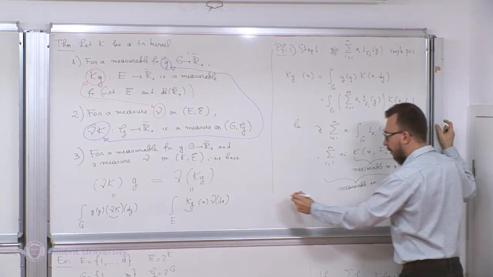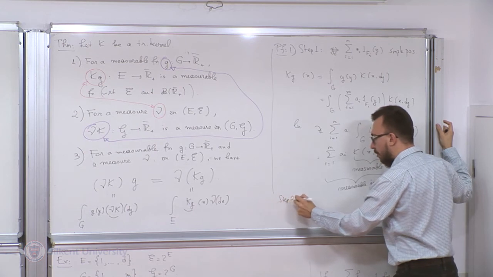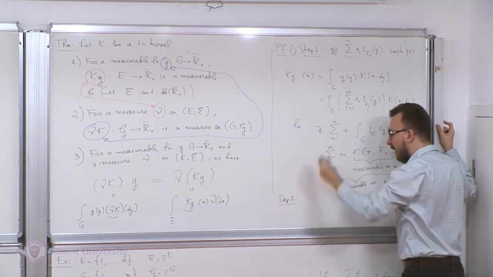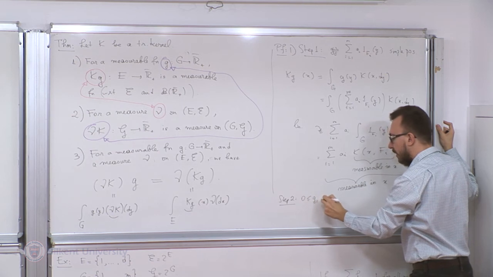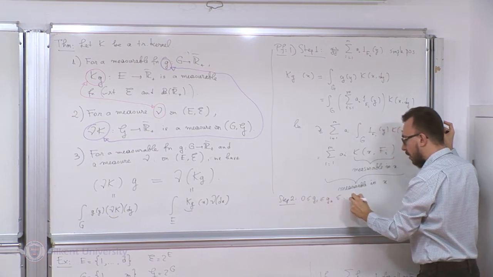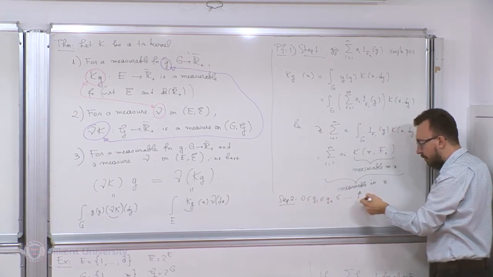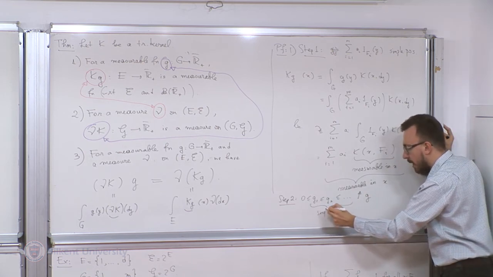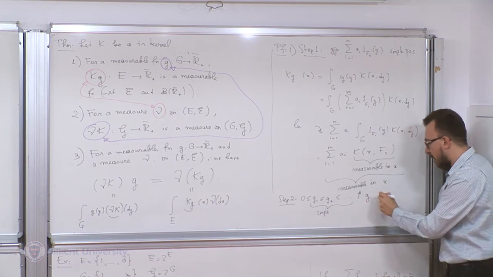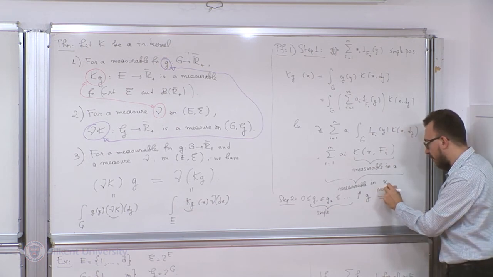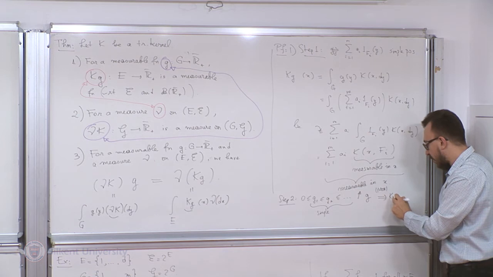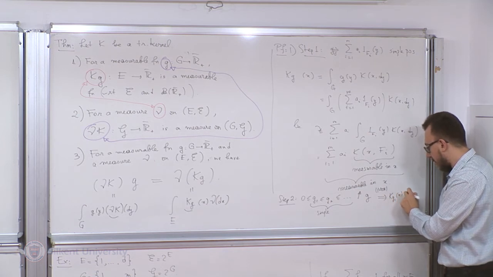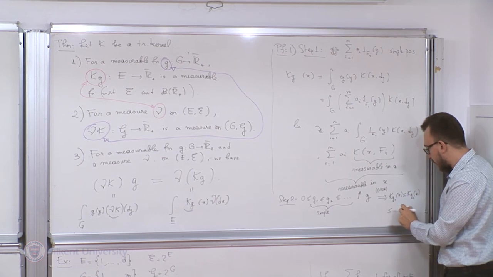And as step 2, what you can do is to take simple positive functions approaching g in an increasing manner. So these are simple and positive functions. So by the monotone convergence theorem, kg1 is less than kg2, etc., and they converge to kg.